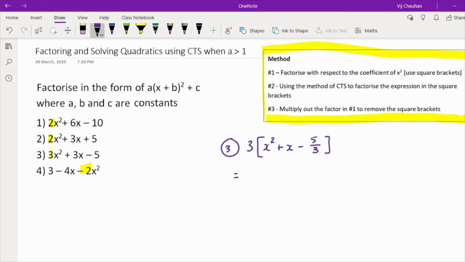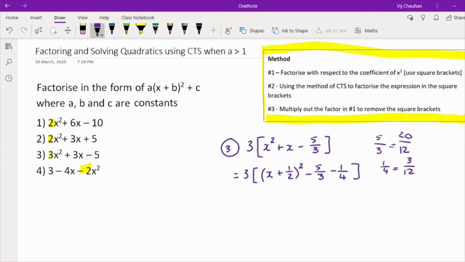And I'll try and write in a straight line for this one. So here we've got 3, and then open up our square brackets, we've got x plus a half squared minus 5 over 3 minus a quarter. And then here we've got our common denominator, which is a little bit more complicated. So here we've got 5 over 3, and we write in our equivalent fraction, so times that by 4 we get 20, and we've got a quarter in terms of 12, which is going to be 3 over 12.